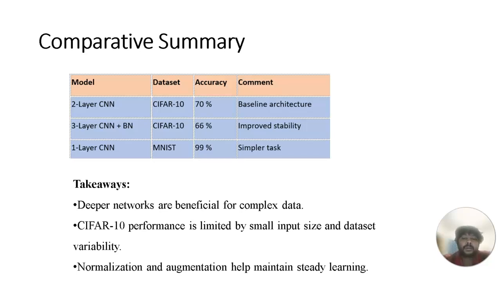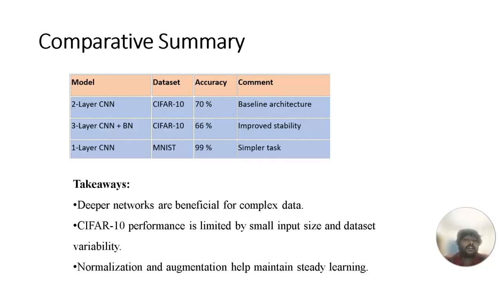The baseline CNN, the convolutional neural network, had two convolution layers and achieved around 70% accuracy, but with instability it showed signs of overfitting. The improved CNN added an extra convolution layer, and we used batch normalization and data augmentation, so that it can reach about 62% to 66%, where 66% is the accuracy with better stability and generalization.